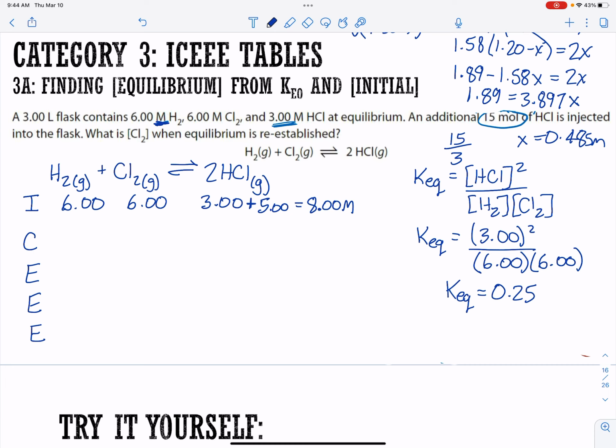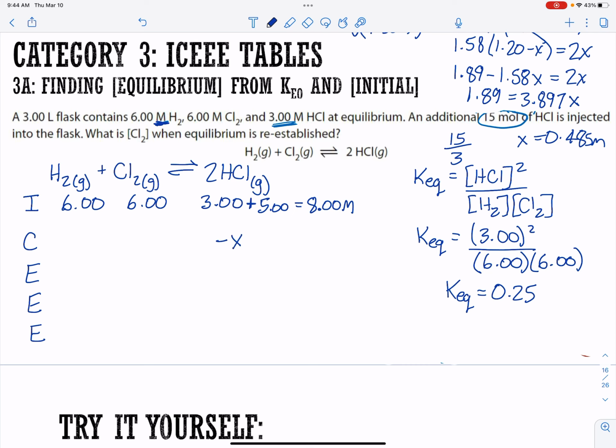Okay, with our changes now, we can either calculate a trial Keq with our new values, or I can use my Le Chatelier's principle to predict which way the system is going to shift. Now, if I'm adding additional HCl, my system is going to shift away from that HCl. So I know my products are actually going to be going down.